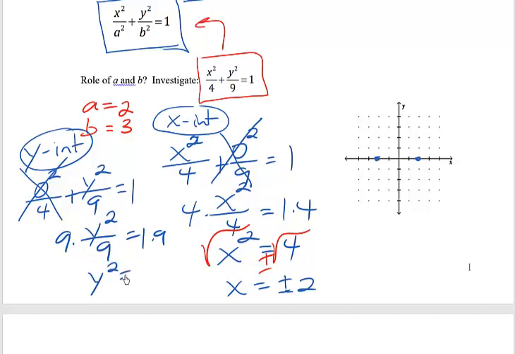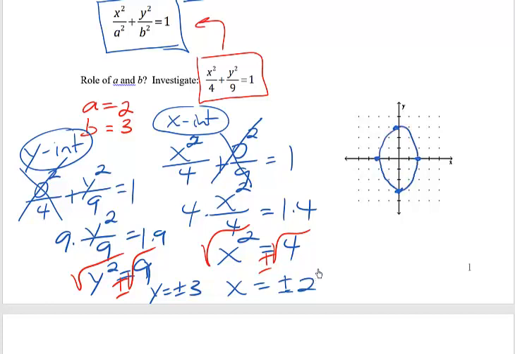Once again, I've got a quadratic. The square root method will work nicely. Square root, plus or minus, and I'm ending up this time with y equals plus or minus 3. I can mark those points on as well. And then if I just connect the dots to form that kind of oval shape, I will have my ellipse.